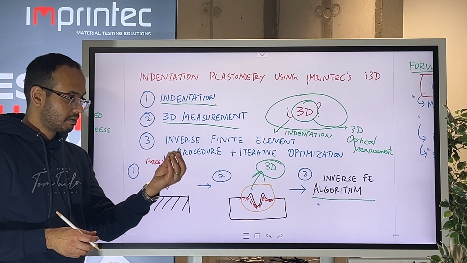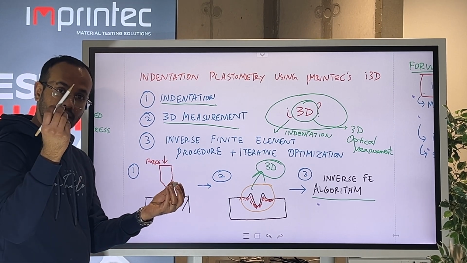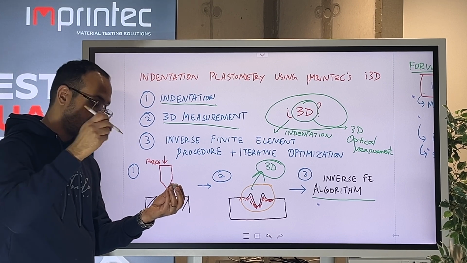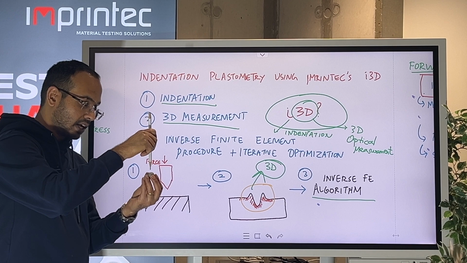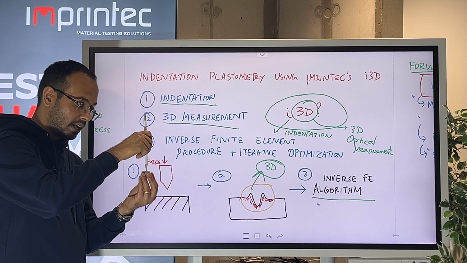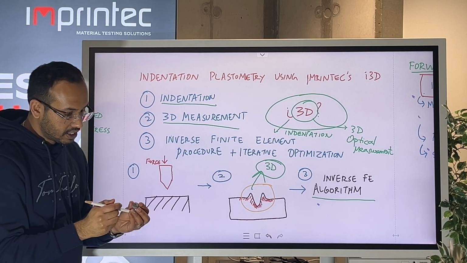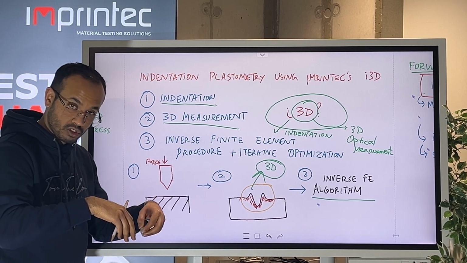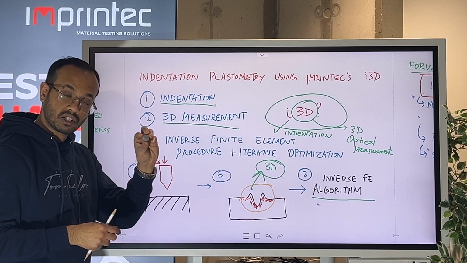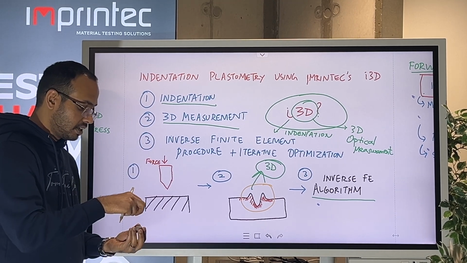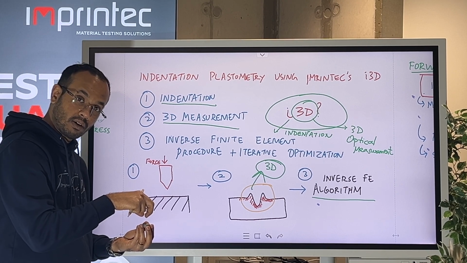Imagine this piece of clay that I hold in my hand to be a metallic material, and this pen, or stylus, to be an indenter tip. I press this into the material, and you see it creates a deformation zone, that is, it plastically deforms, so there is a permanent deformation on this material. We are able to scan this using an optical scanner.